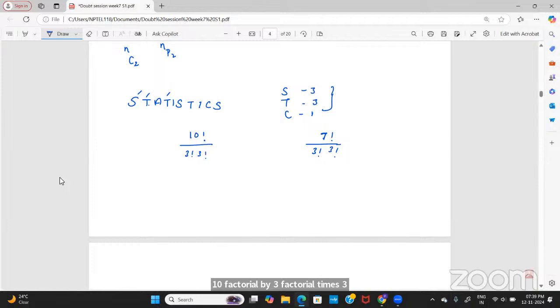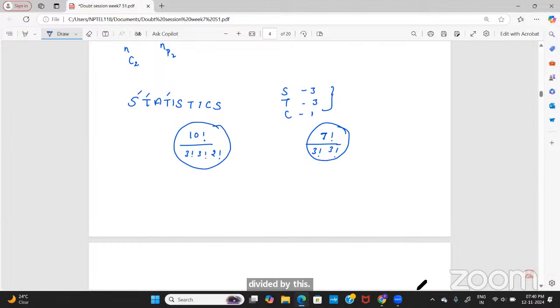Then I is repeated 2 times. S is repeating, T is repeating, anything else which is repeating? Right? Okay, so this divided by this. Okay, ma'am, fine.